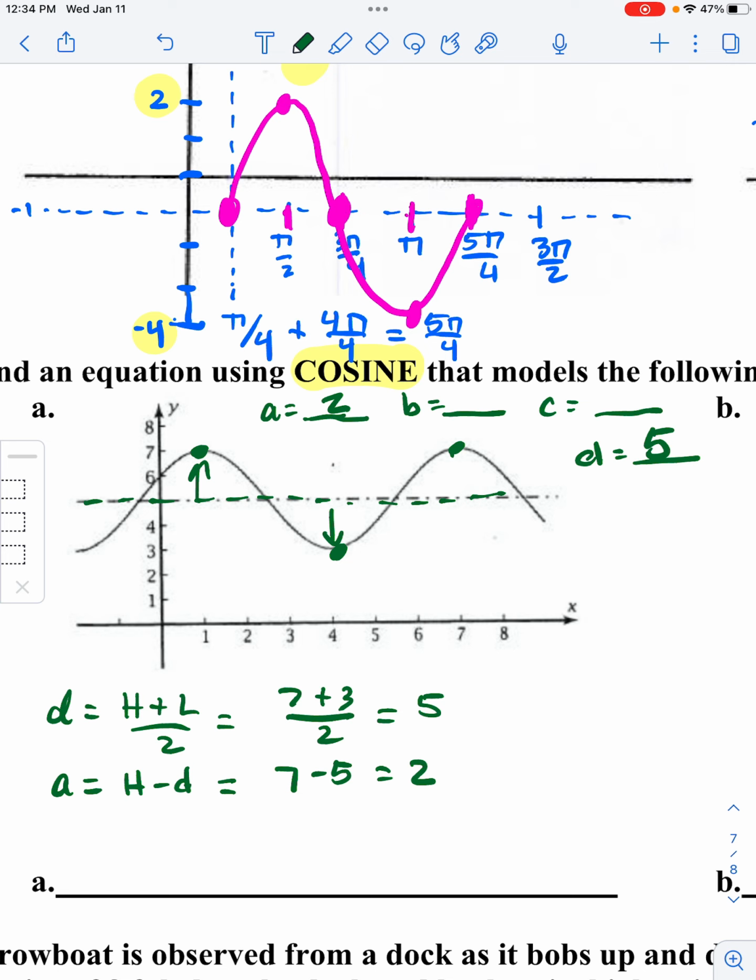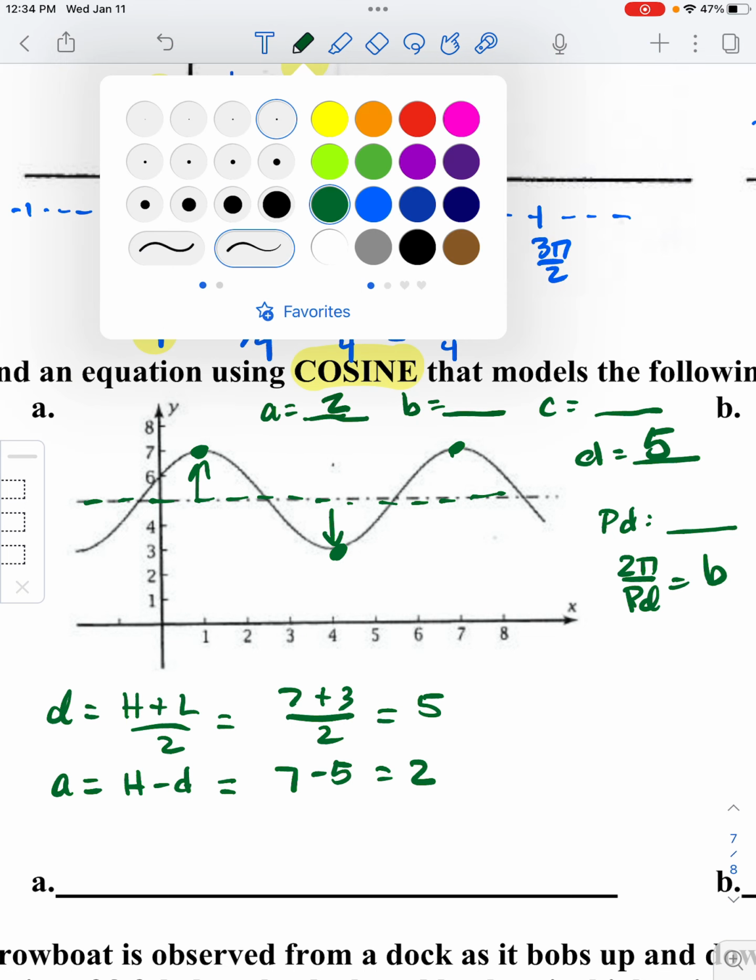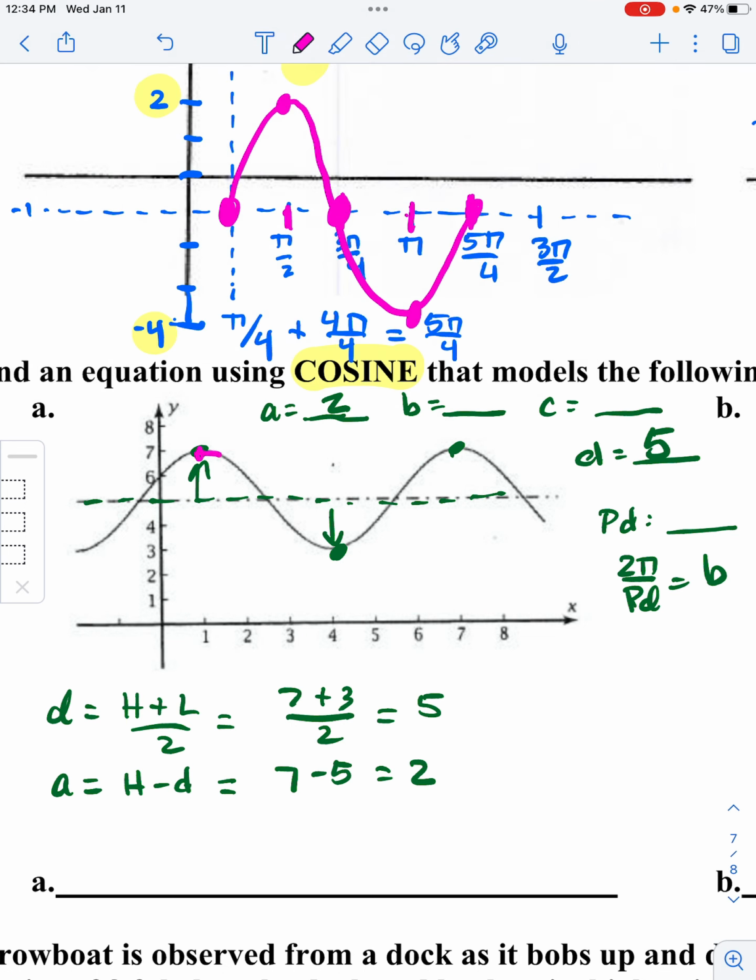And B is related to the period. So I need to find that period, and then I'll do 2 pi over that period to find my B value. So the period is simply how long it takes. So like one cycle of this graph is from here, high, 0, low, 0, high.